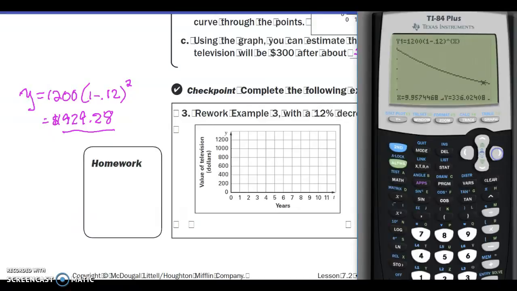I'm looking at that y value. You're seeing it's having to jump over screens because it's not getting there so fast. We're already up to after 10 years. So there we have it, around 10.8 years, it would be worth $300. So that's how that problem works.